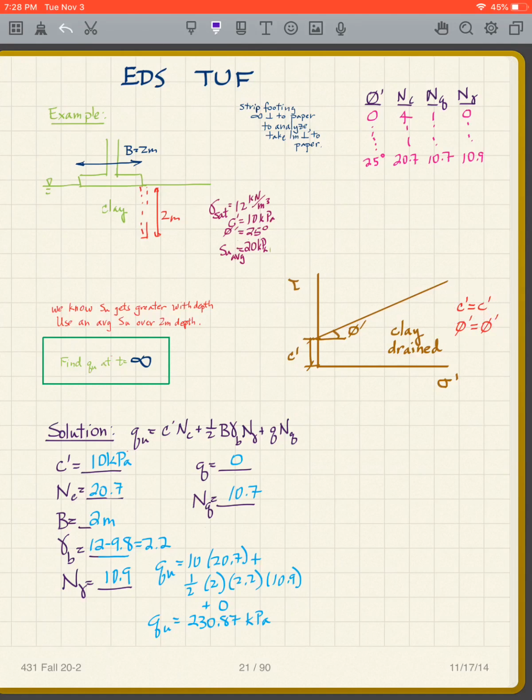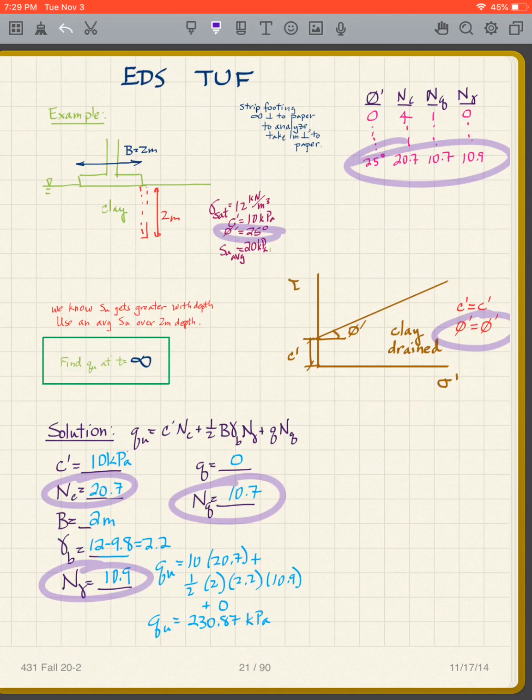So then there's fewer tricks involved. Same problem, but at t equals infinity. So again, if you want, you can fill in your NC, your N gamma, and your NQ, because I now know phi prime is phi prime. I've been given phi prime is 25 degrees, and there are my values there. So I just read them off.